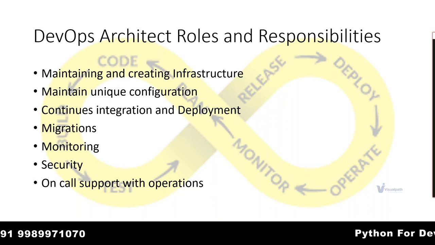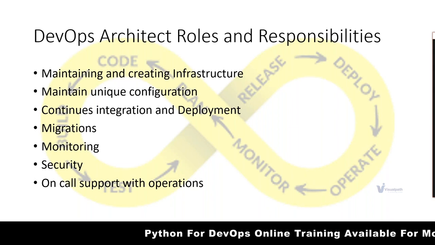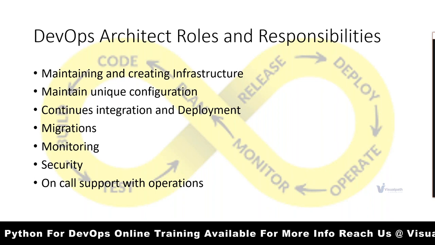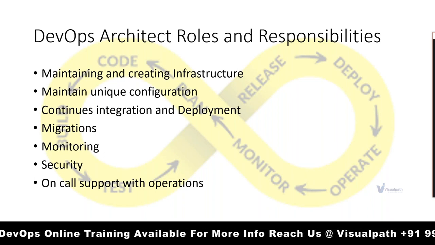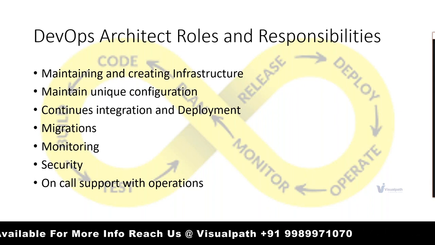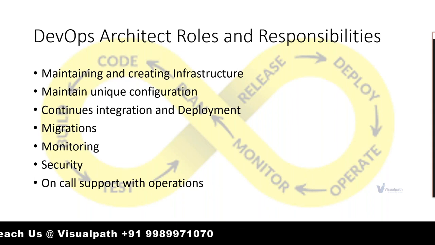And then security. Security is one more concern when it comes to public cloud. To maintain security, you need to communicate with the hosts, communicate with the servers, add the users, and give access to the users.